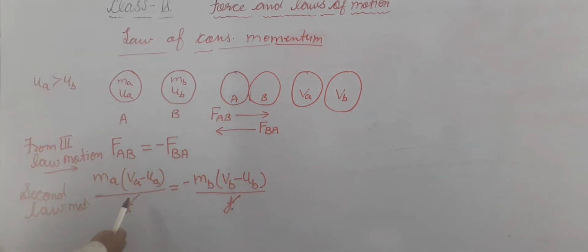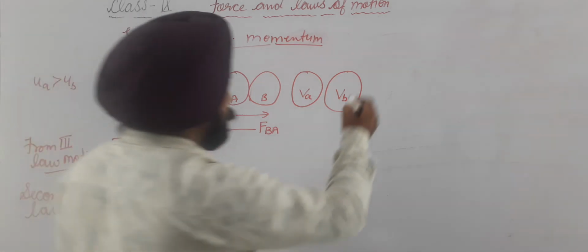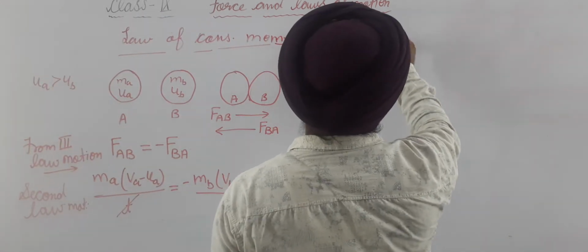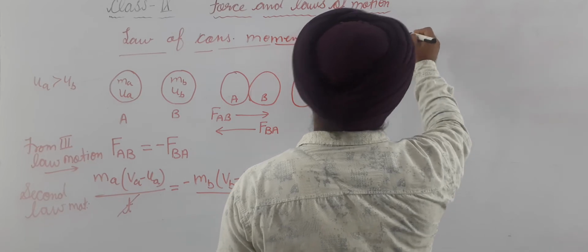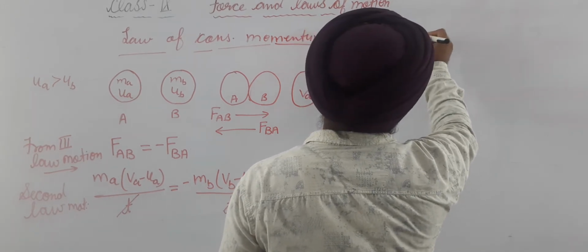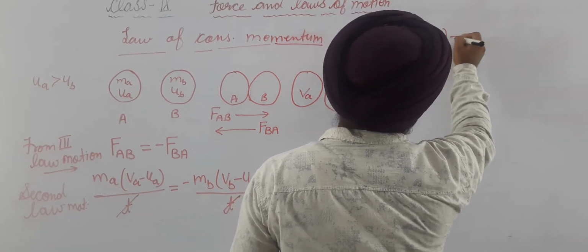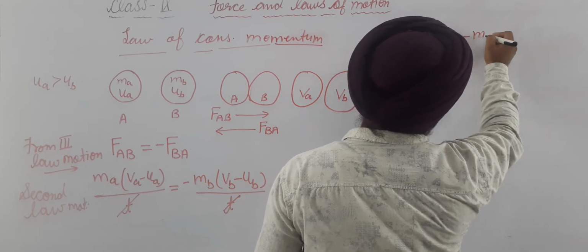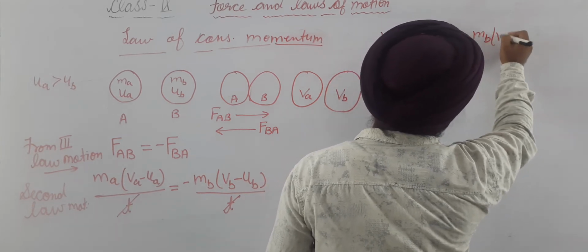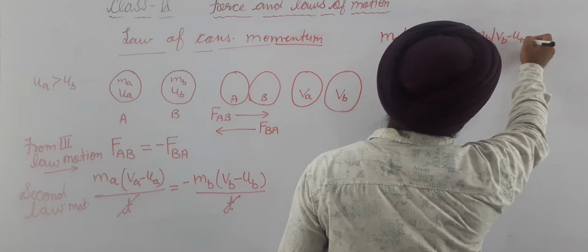So the remaining is MA into (VA minus UA) is equal to negative MB into (VB minus UB).